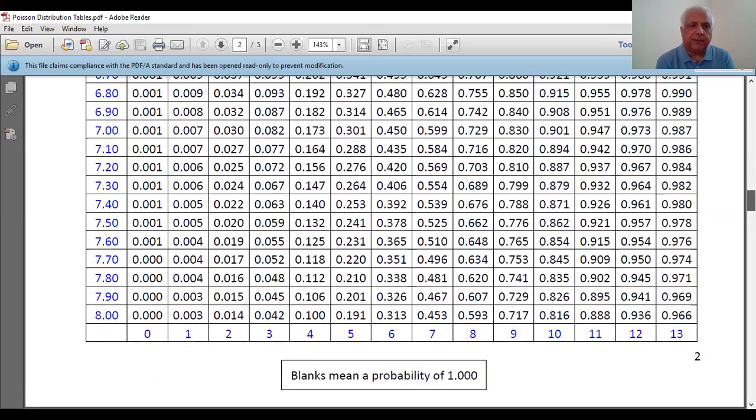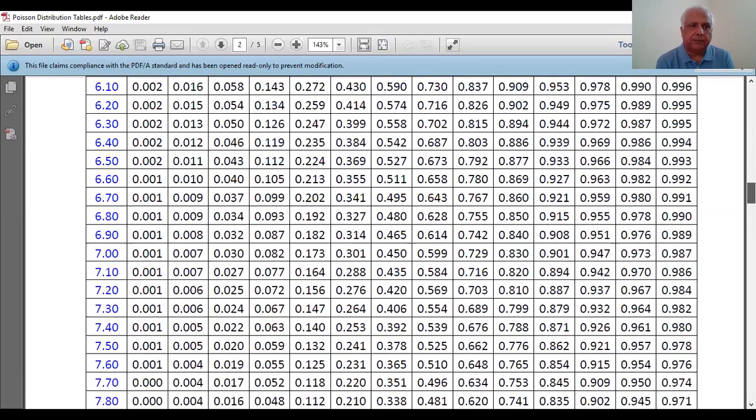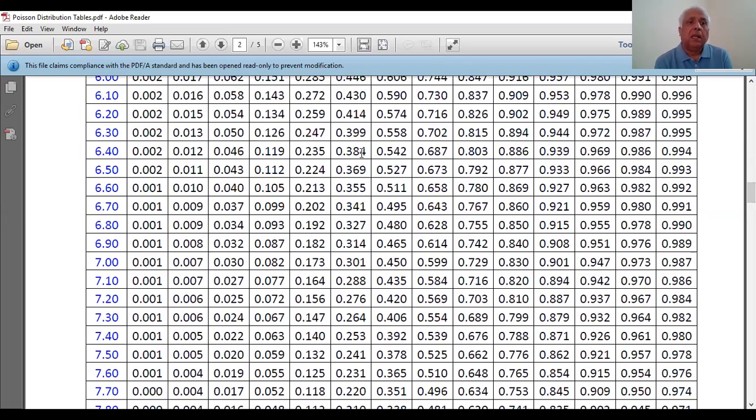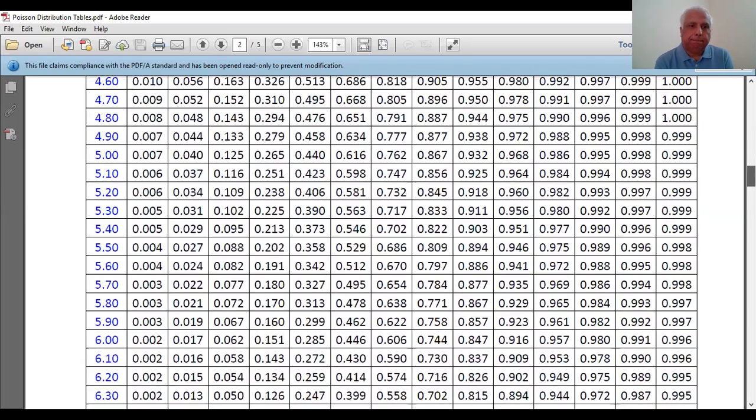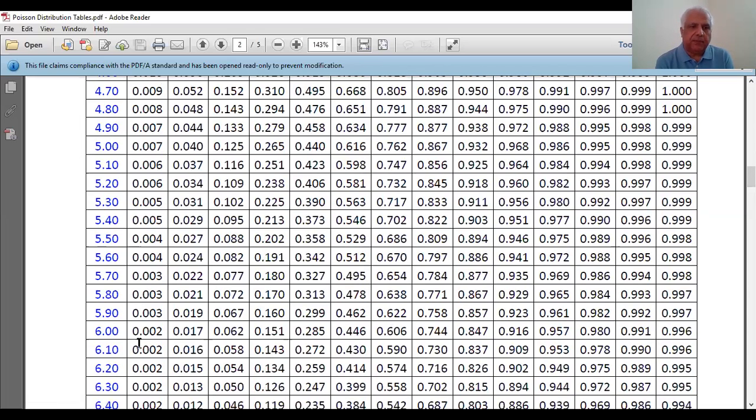Here is 6. What are we looking for? A probability of 95%. And if that is not available, the next higher. So let's look at this line, and we get a probability of, well, this is lower, this is higher, so we select this, 0.957.